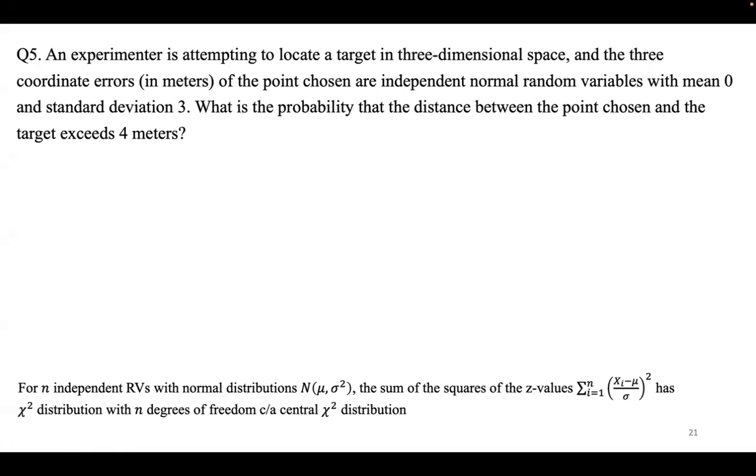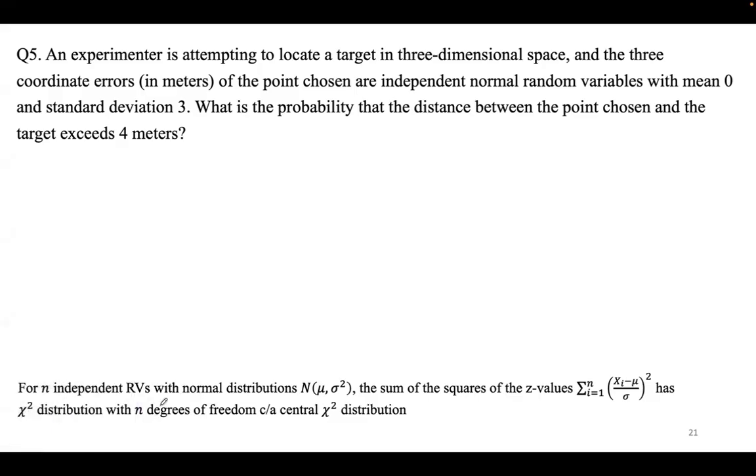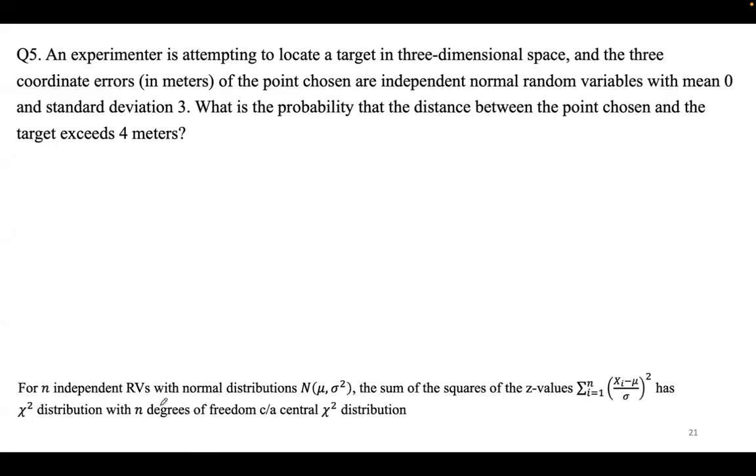Okay. So let's do it step by step. Would anybody like to give it a try, or should I start solving it? Yeah. So the thing at the bottom was actually the hint.